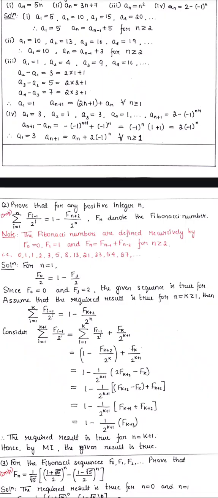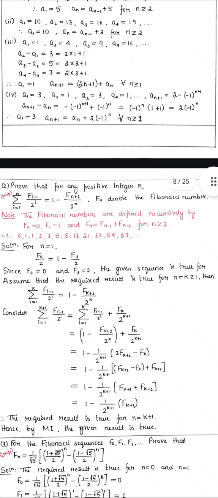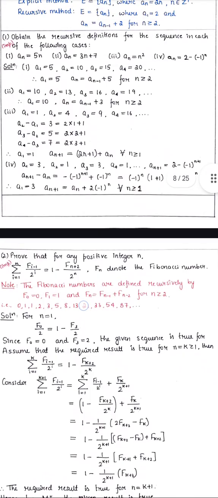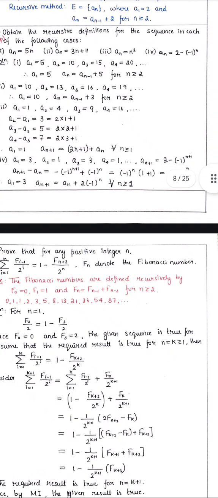Let us write the general formula for that. an plus 1 is 2 minus minus 1 power n plus 1, and an is 2 minus minus 1 power n. The 2 minus 2 is already 0.